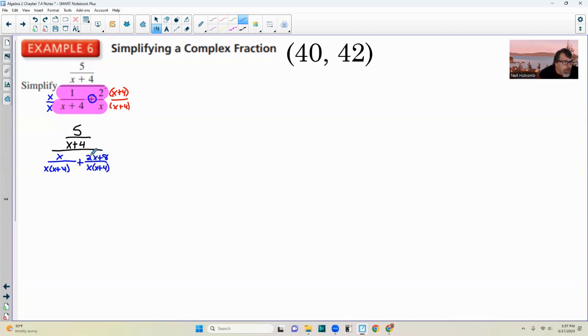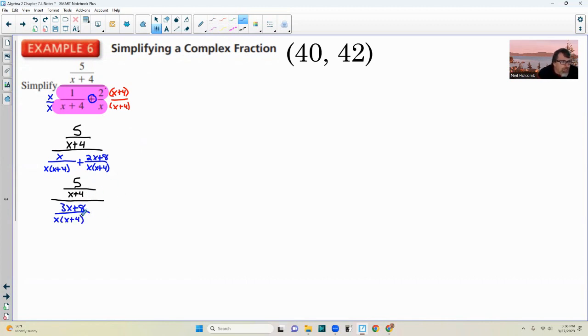Right now it makes it look like it got worse, but actually it got better because now I can add my numerators. Again, this guy's still on hold up here. X plus 4, he's listening to elevator music. It's all good. Then x plus 2x plus 8 is 3x plus 8 over x times x plus 4. So see, it's already gotten better.